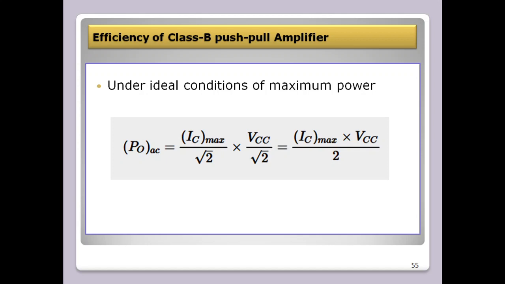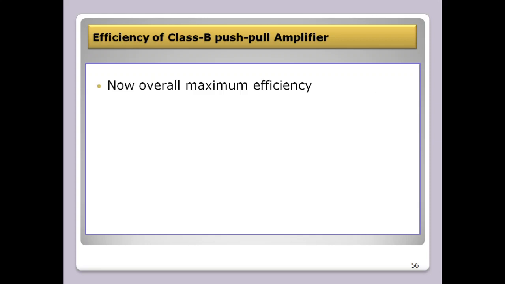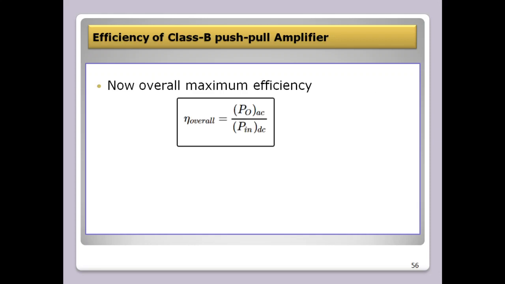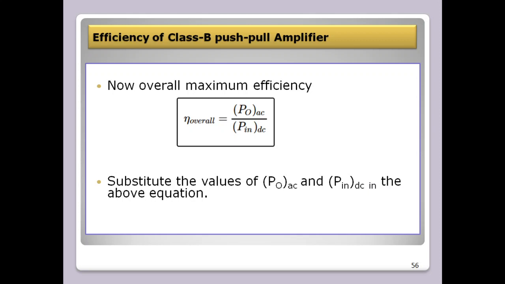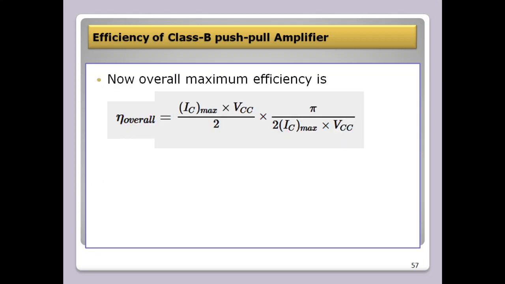The efficiency is PAC by PDC, the output AC by input DC. Now we can substitute the values of AC and DC powers here. The overall efficiency is given by IC maximum into VCC by 2, divided by 2 IC maximum into VCC by pi. So we can rewrite it as pi by 2 into IC maximum into VCC.